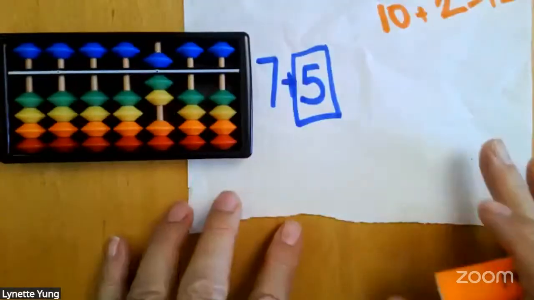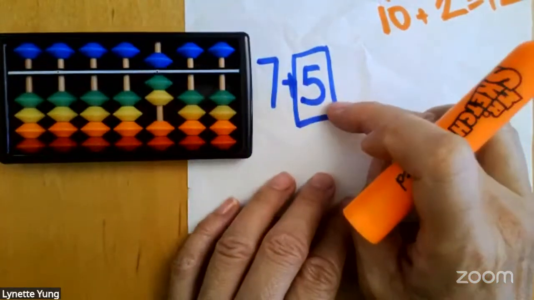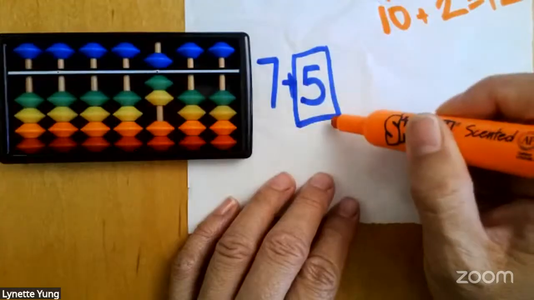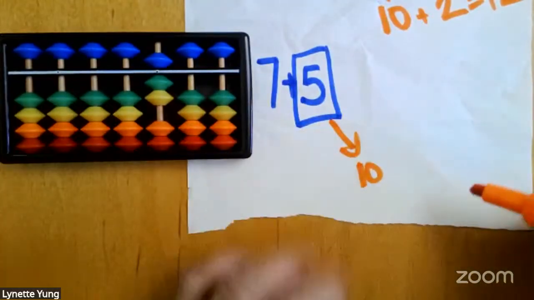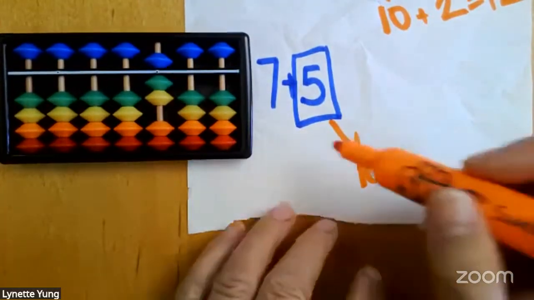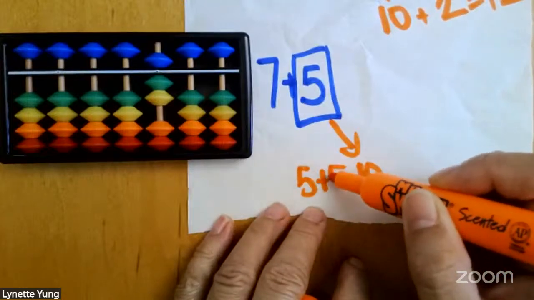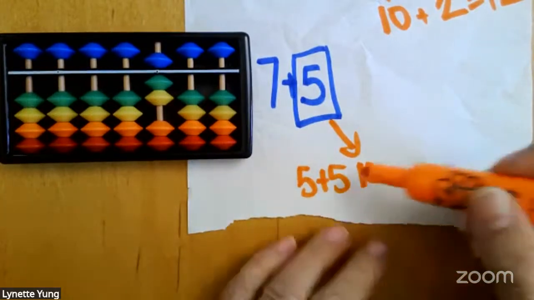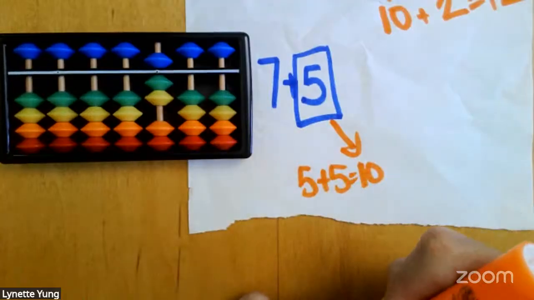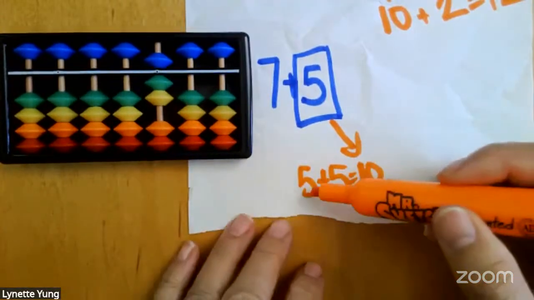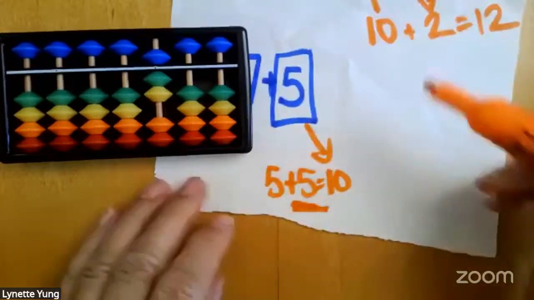That's what 7 looks like. Our thinking is, I always want to make the second number go to 10. How do I do that? Well, I know 5 plus 5 is equal to 10, right? So we need to know, where does this 5 come from?